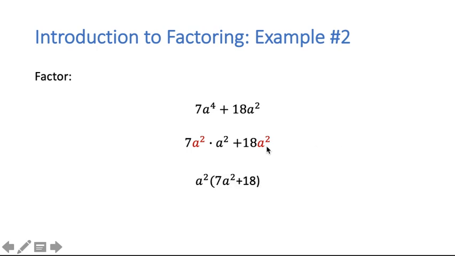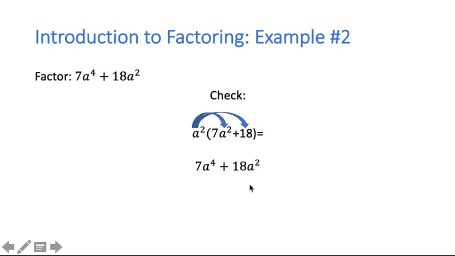And so when I factor out a squared, 7a squared plus 18 is left behind. So this is the answer, a squared times 7a squared plus 18. And once again, I strongly advise that you check your answer. Check by just using the distributive property, and you'll see we get back to where we started.